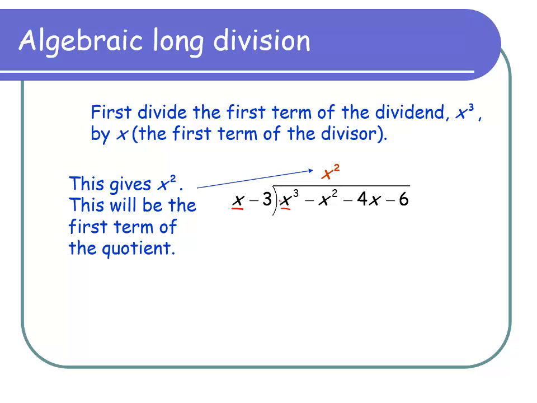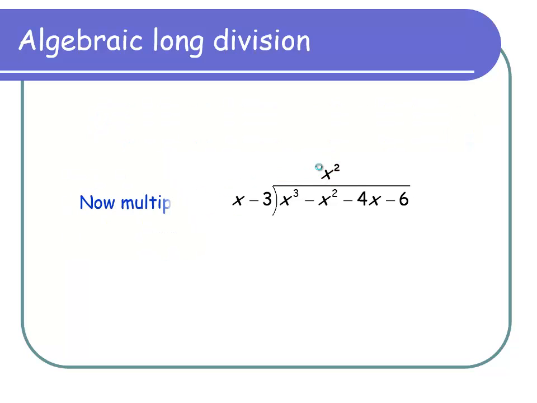So we put x squared on top of the line, and then we multiply the linear factor by x squared, and we write that answer underneath the first part. So x squared multiplied by x minus 3 gives x cubed minus 3x squared.